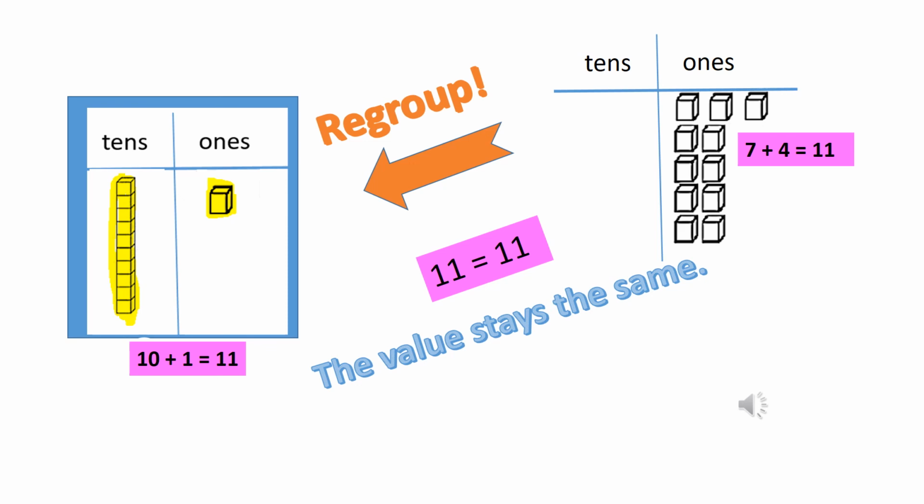We just regrouped them, 10 into a 10-stick, which sits in the tens place, and 1 left over in the ones place. So it's important to understand that when you regroup, the value stays the same.